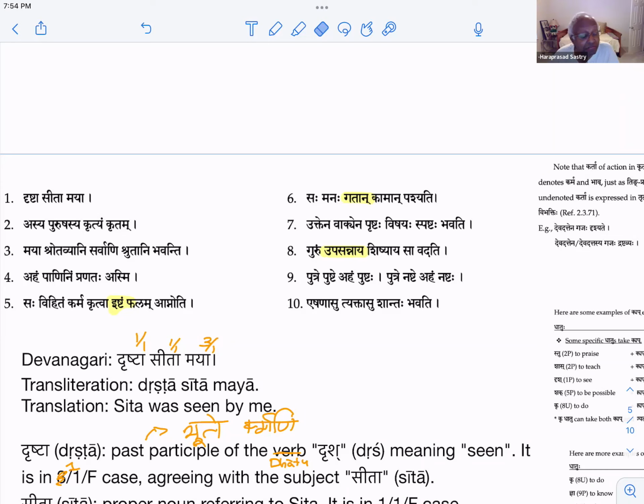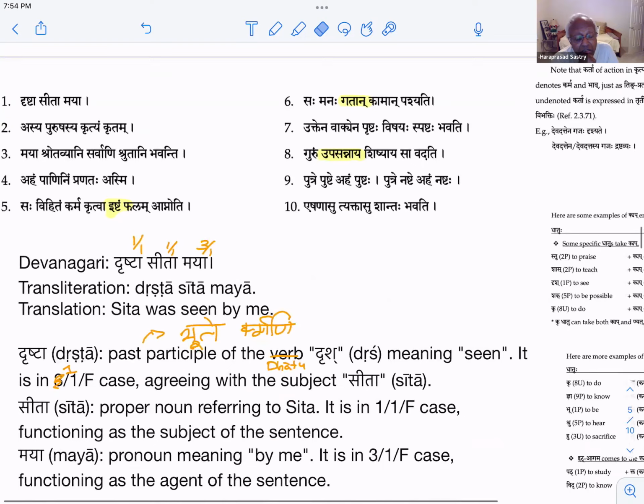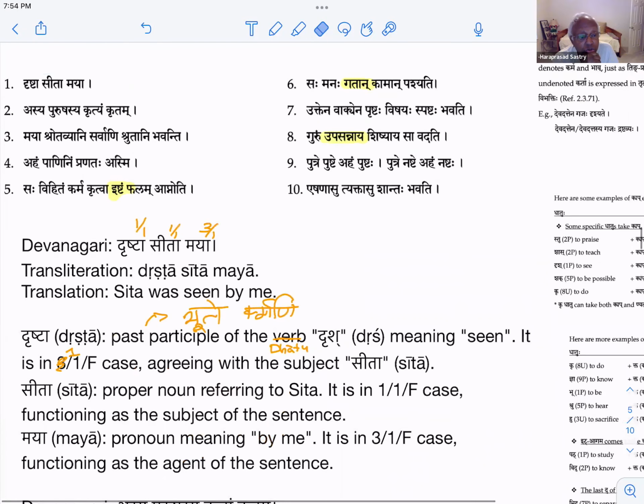Mahodaya, here, this is my question, 2 questions. First of all, I don't follow drishta. Should it be in 3-1? And also, I don't understand why should it be in samanadhikaranam.